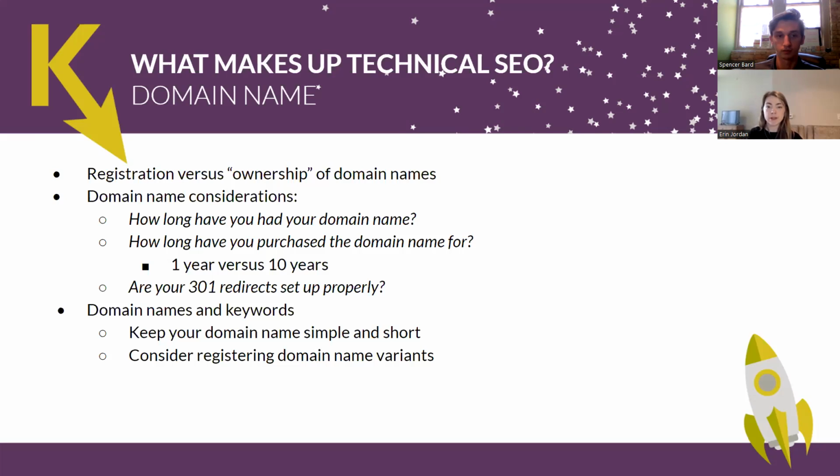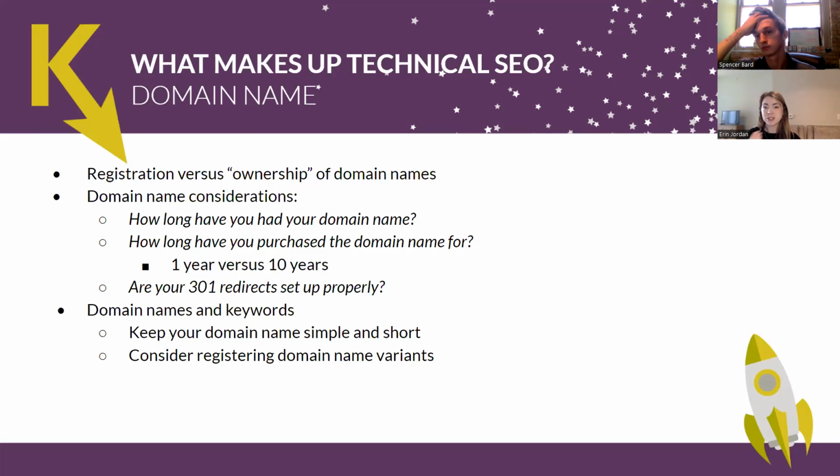Related to that, some other things to consider with your domain, some common questions as far as SEO is concerned. How long have you had it? Have other people had it in the past, and is it something different now? How long have you purchased that registration for? It can be a really short window or a really long window. We recommend a minimum of 3 years at least.